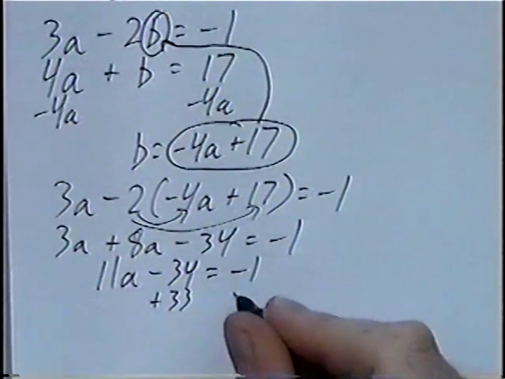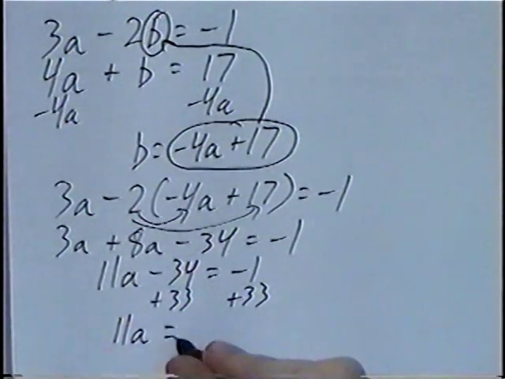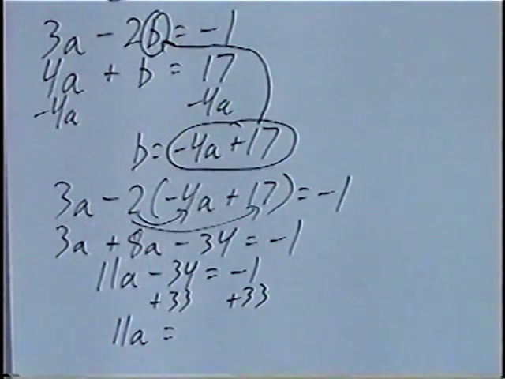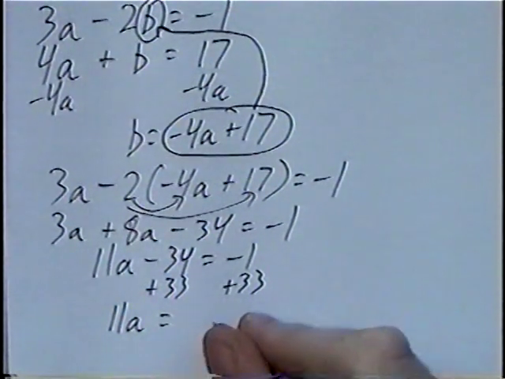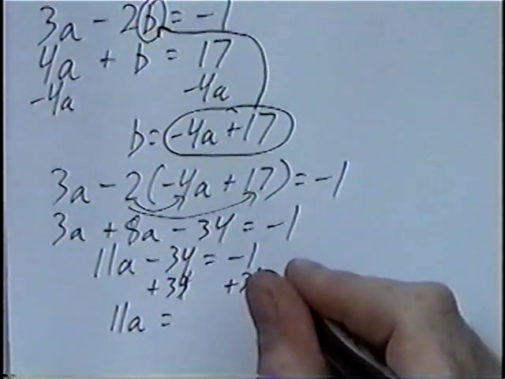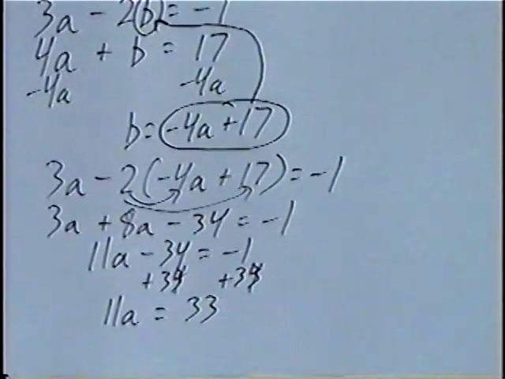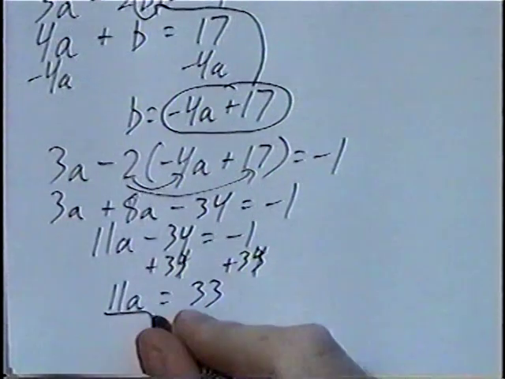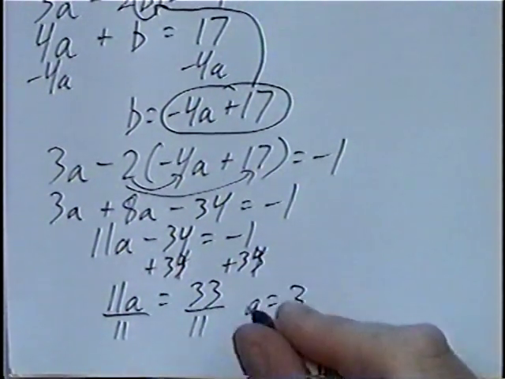Add 34 to both sides. 11a equals negative 1 plus 34, which would equal 33. Dividing by 11, and a equals 3.